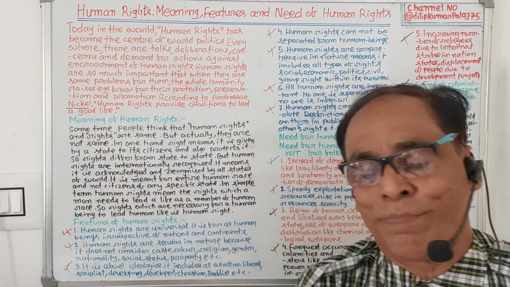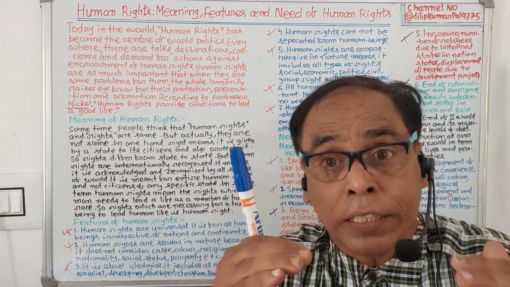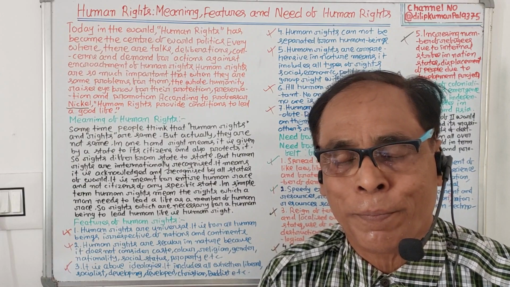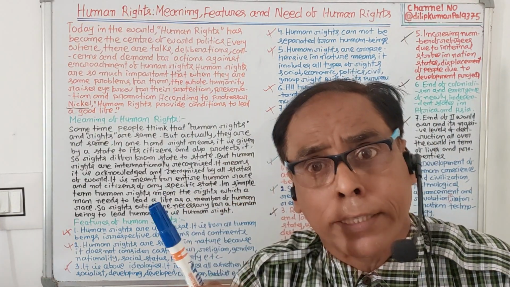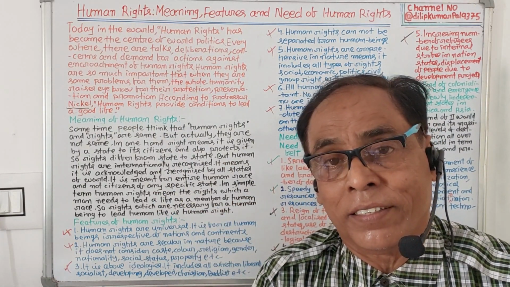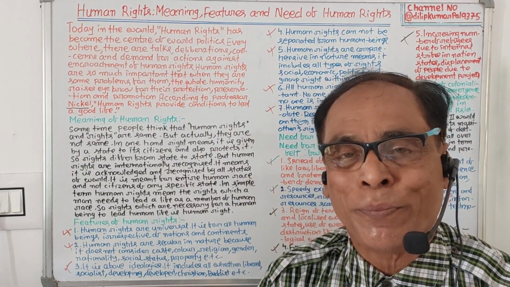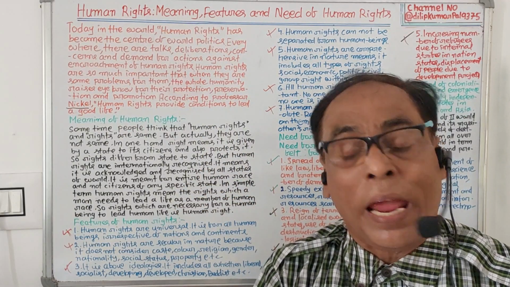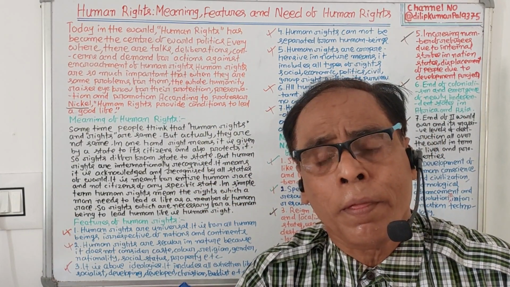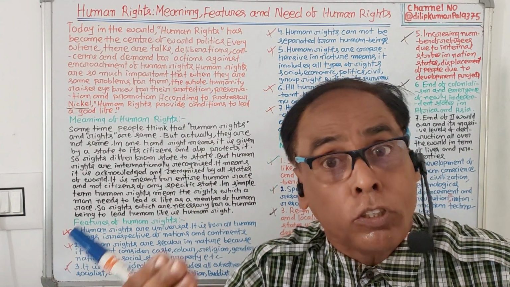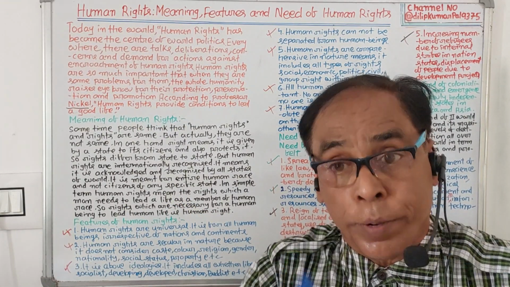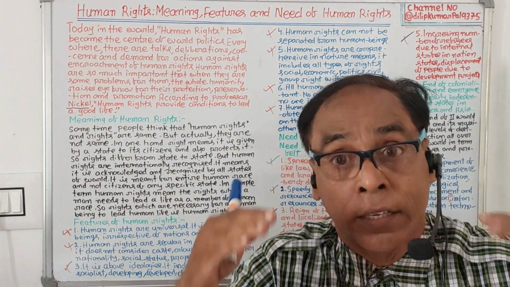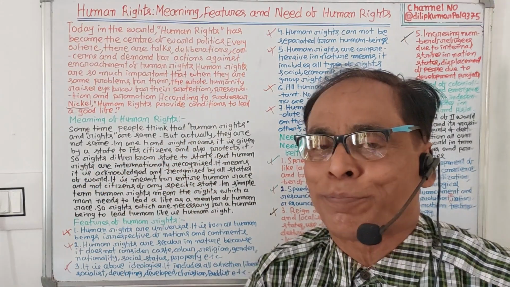In present times, human rights has become a very important concept. Everywhere in the world there is discussion about human rights. It has become a core topic of world politics. And whenever there is any encroachment on human rights, any problem for human rights, the whole humanity raises their eyebrows.